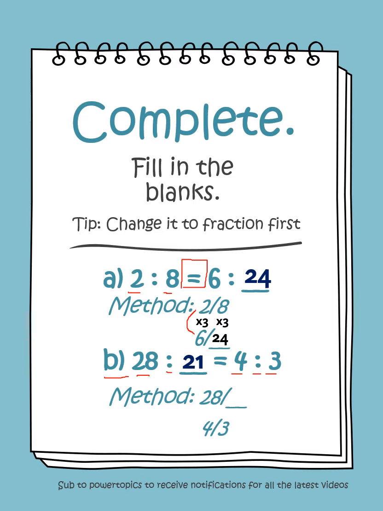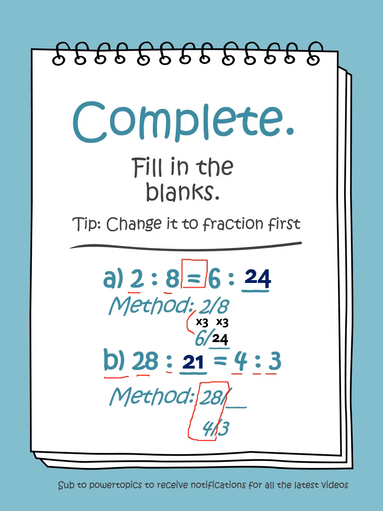First, I've changed it to fraction form, and then let's look how we solve it. 4 times what number is 28? So we've only got these two pairs here which are complete.